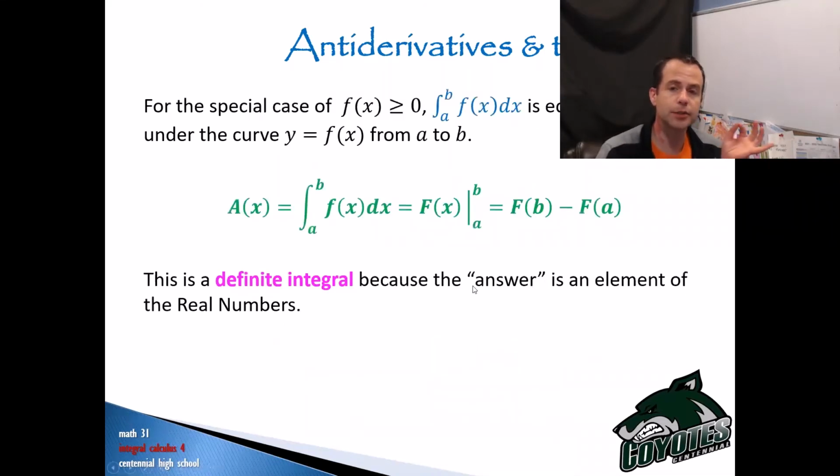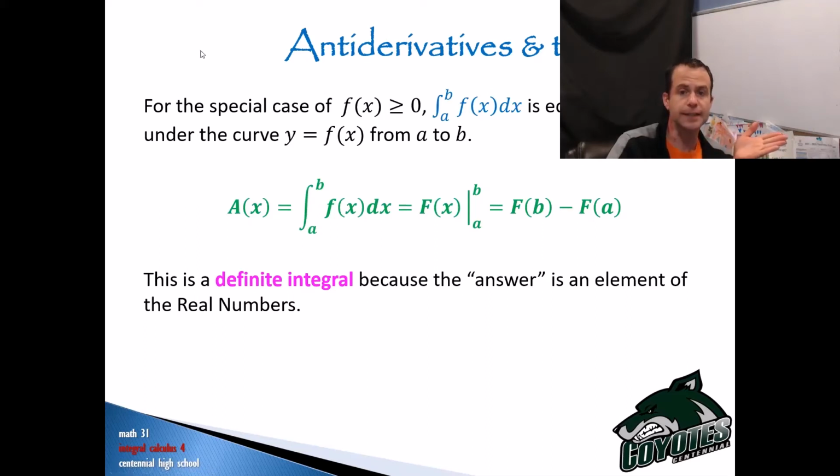For the special case of f of x being greater than 0, the integral of f of x on the interval from a to b is equal to the area under the curve y equals f of x from a to b. So the area is the integral of f of x from a to b, which would be the antiderivative with an input of b minus the antiderivative with an input of a.